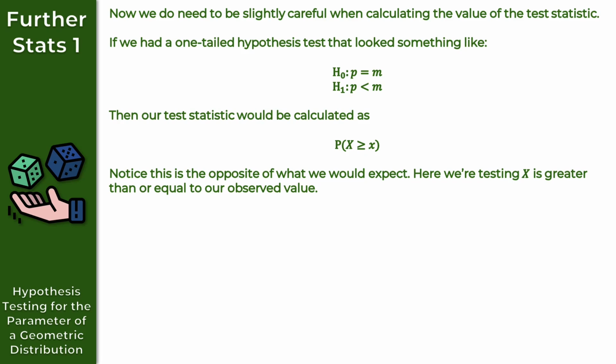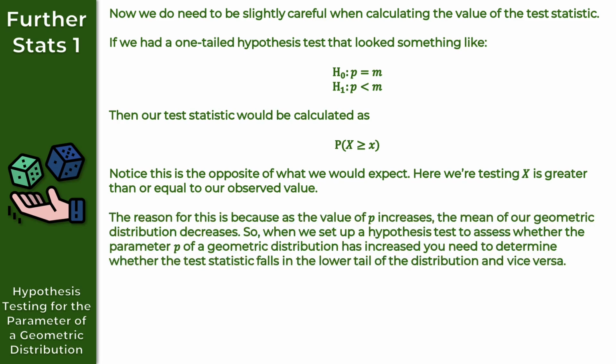However, for the geometric distribution, we always have the opposite. So if this is less than, we test for our random variable X being greater than or equal, and if this was greater than, then we'd be testing for the probability of our random variable X being less than or equal. So it's always the opposite of what we have in H1. What we're testing for here is our random variable X being greater than or equal to our observed value. The reason for this is that as the value of p increases, the mean of our geometric distribution decreases.